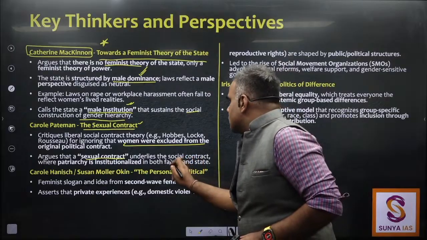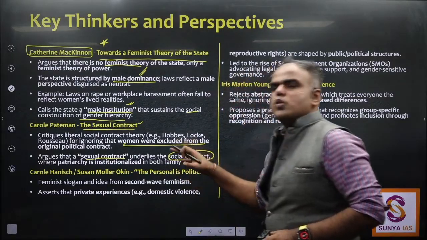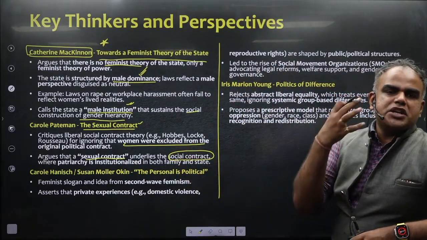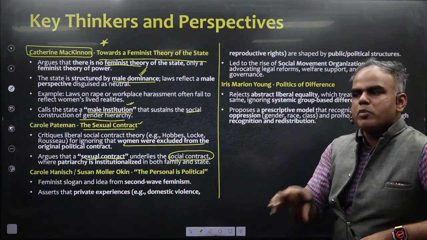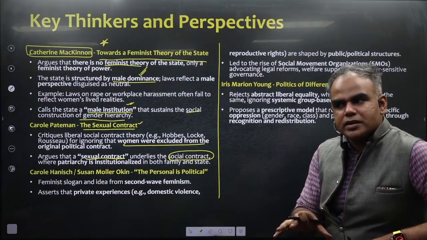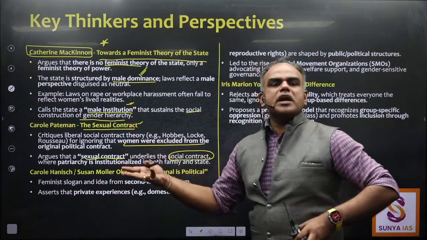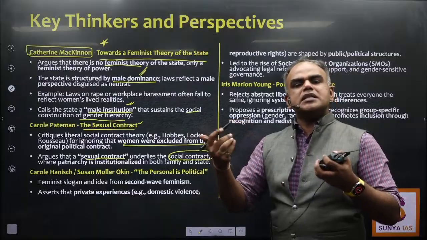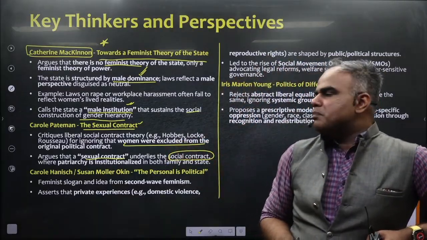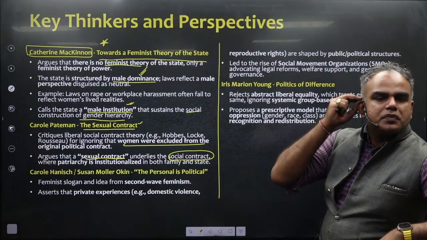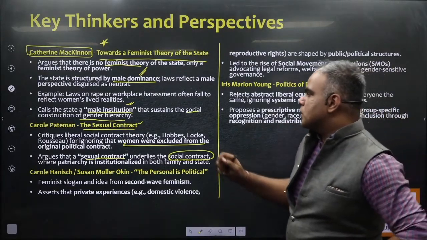Okay? So in a social contract, the issue is that patriarchy is already embedded inside it. So women are already under domination. They are already subjugated. So the state that you're creating from a social contract is again only going to lead to, let's say, perpetuation of patriarchy. It is only going to lead to exploitation.